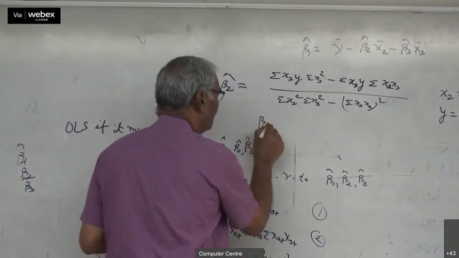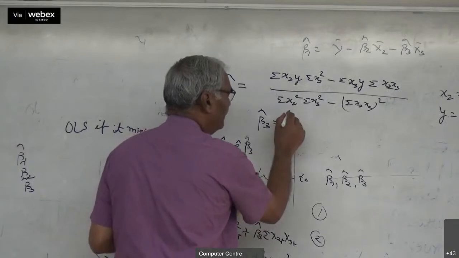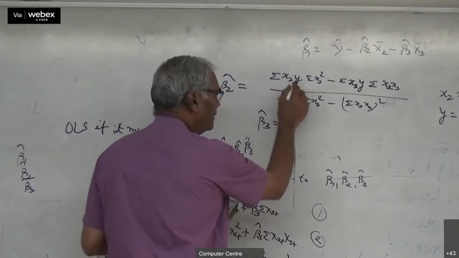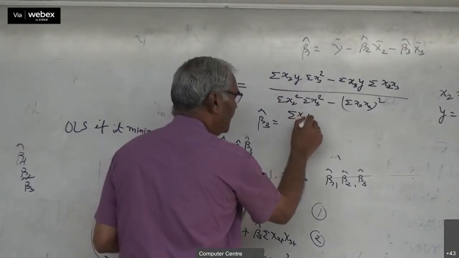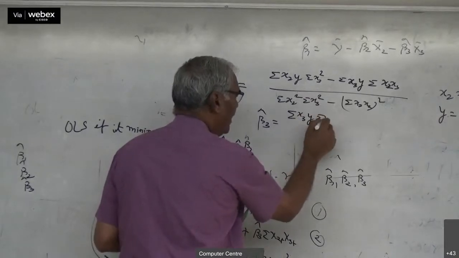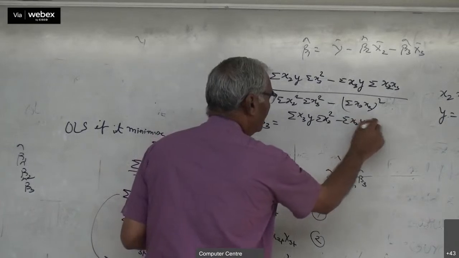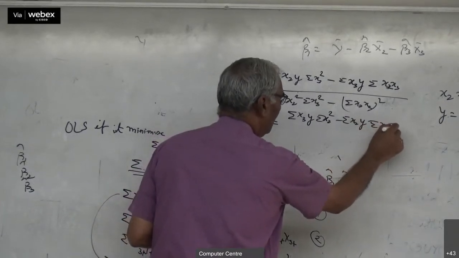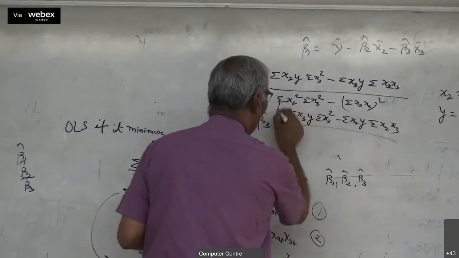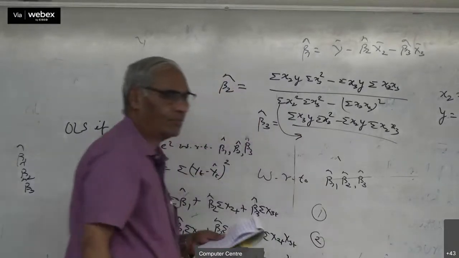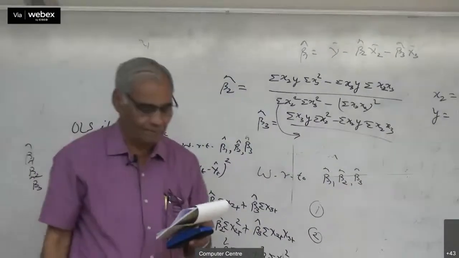And then we want beta 3 cap. Beta 3 cap will be very similar. This is x2y, make it x3y. This is x3 square, make it x2 square, minus summation x2y summation x2 x3, divided by the same denominator. The denominator is the same.